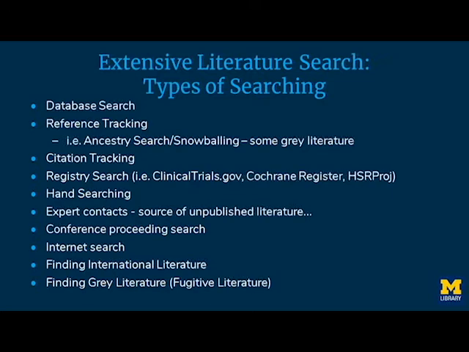What is fugitive literature or gray literature? This refers to reports. So for instance, in PubMed or a similar scholarly database, you're not going to have a report from the Ministry of Health in Ethiopia. You're not going to have the Demographic Health Survey. You're not going to have a World Health Organization report. So you have to be able to consider the reports, book chapters.